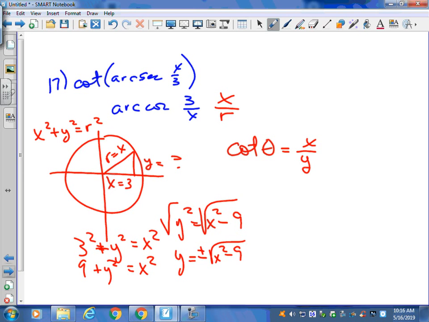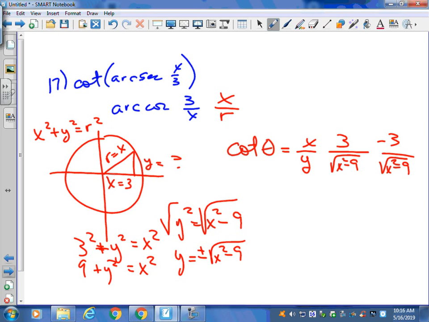So I'm going to get 3 over the square root of x squared minus 9, and negative 3 over the square root of x squared minus 9, because it's plus or minus, and I can't write the plus or minus on the bottom. I need to write it as two separate answers and bring the negative up.